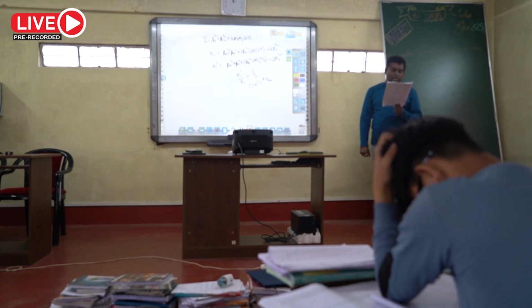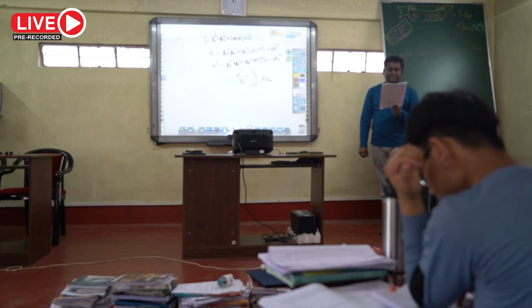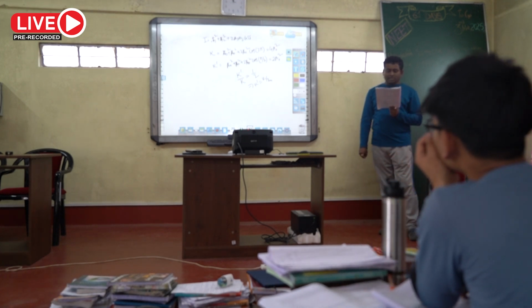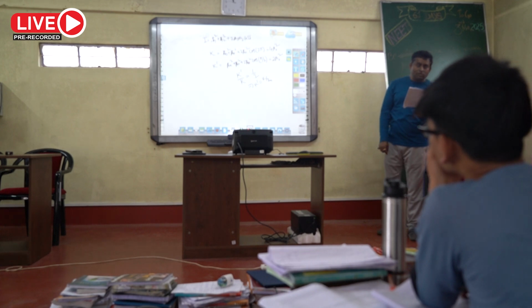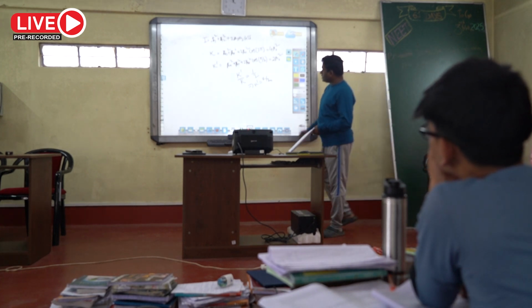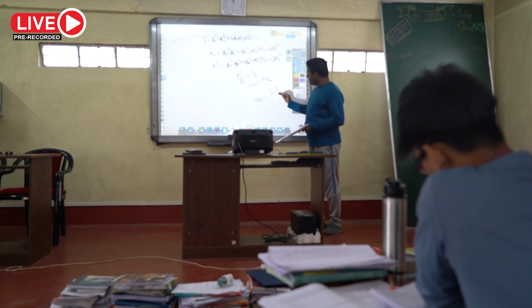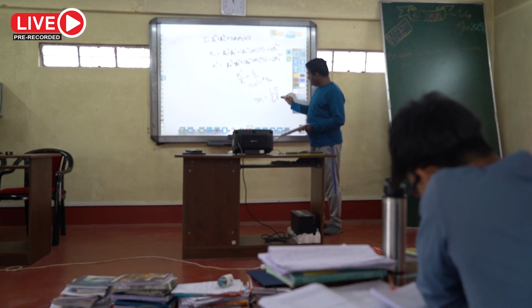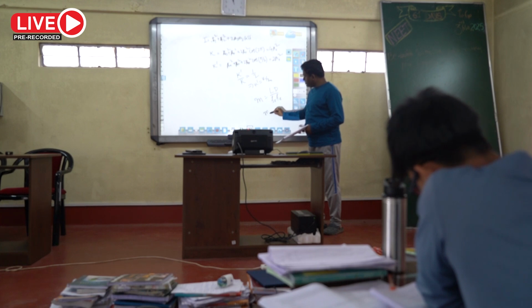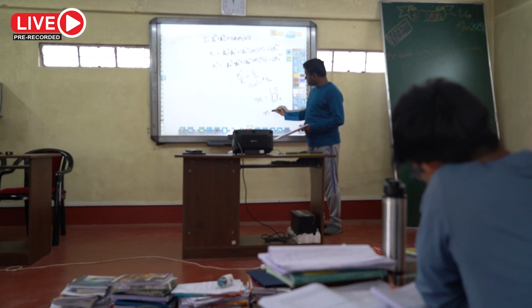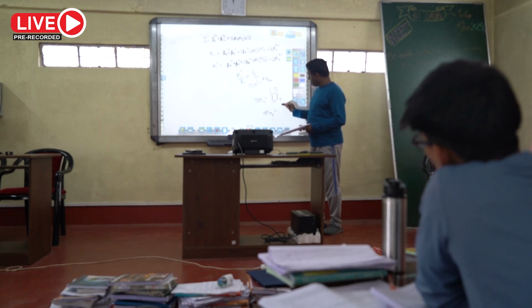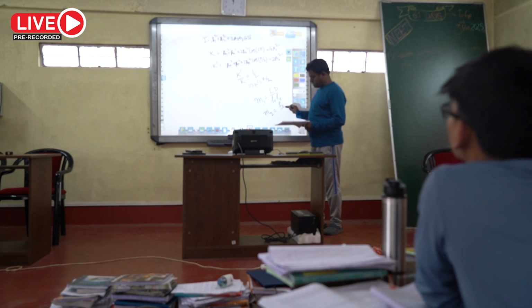Next one: if the focal length of the objective lens is increased, then the magnifying power of the microscope. See, for a microscope the magnifying power is L into D by Fo into Fe, and for a telescope the magnifying power is Fo by Fe.